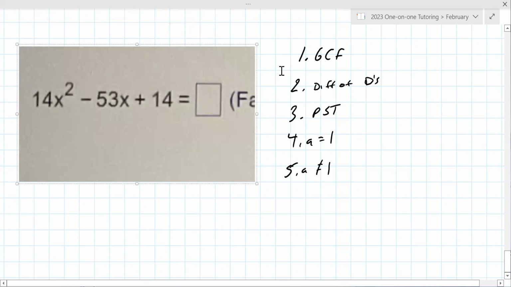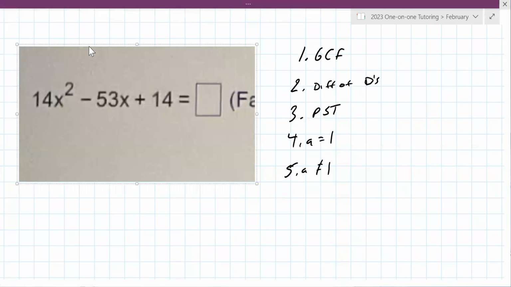It's not a difference of squares because there's not two terms. Perfect square trinomial, square root of the first is not a nice one. Same with the last. So that one's out. It's not an a equals 1 since it's not 1 out in front. Looks like it's this last one.